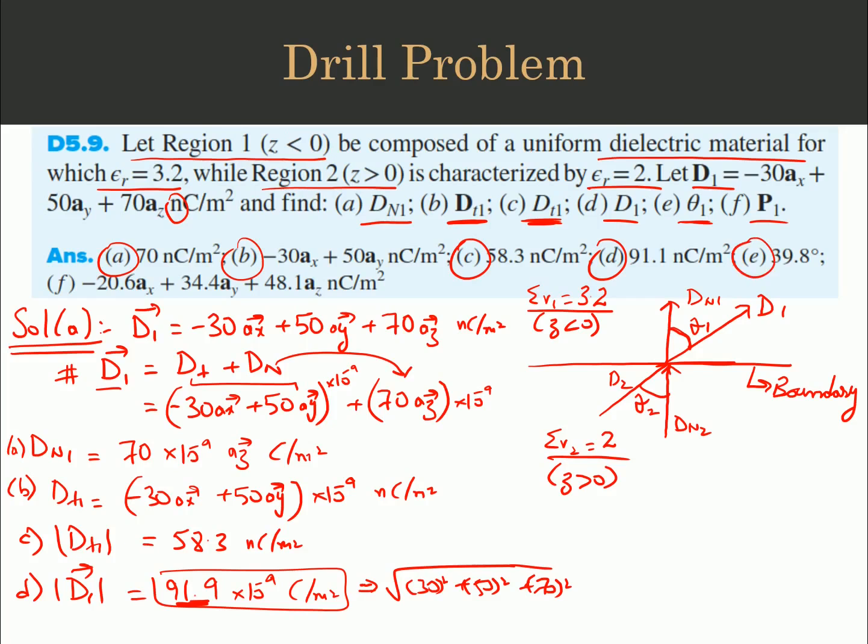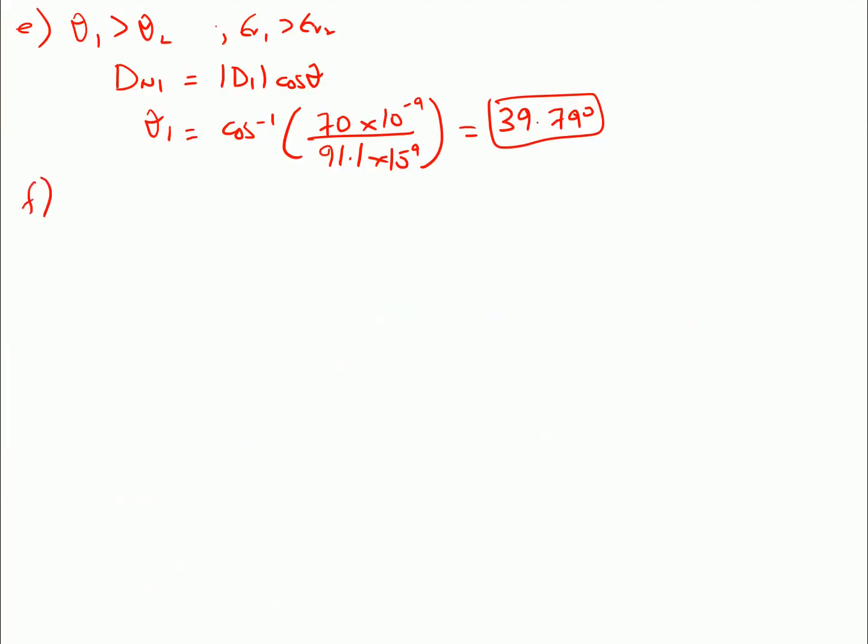And finally, we need to find the polarization. Another formula that will be helpful for you: you take the permittivity difference divided by the permittivity and multiply it with the electric flux density.